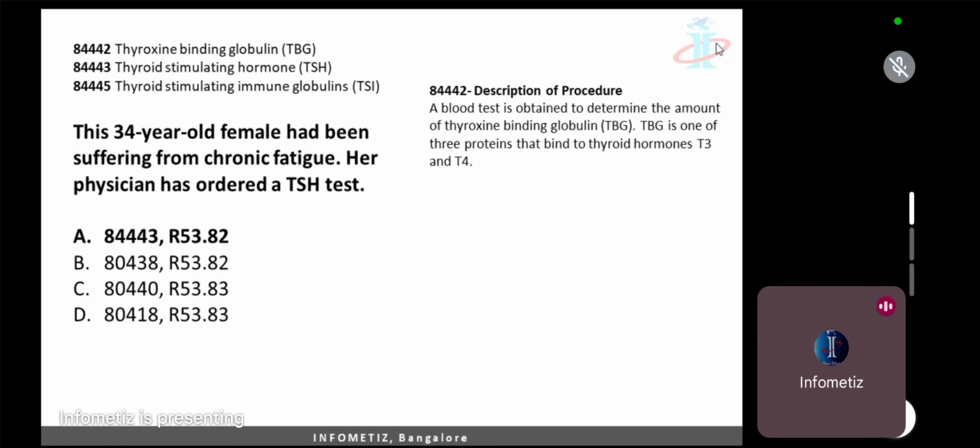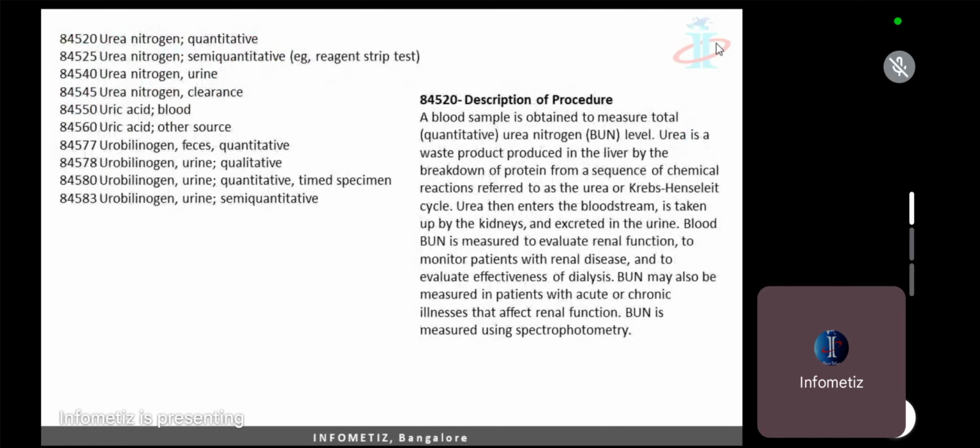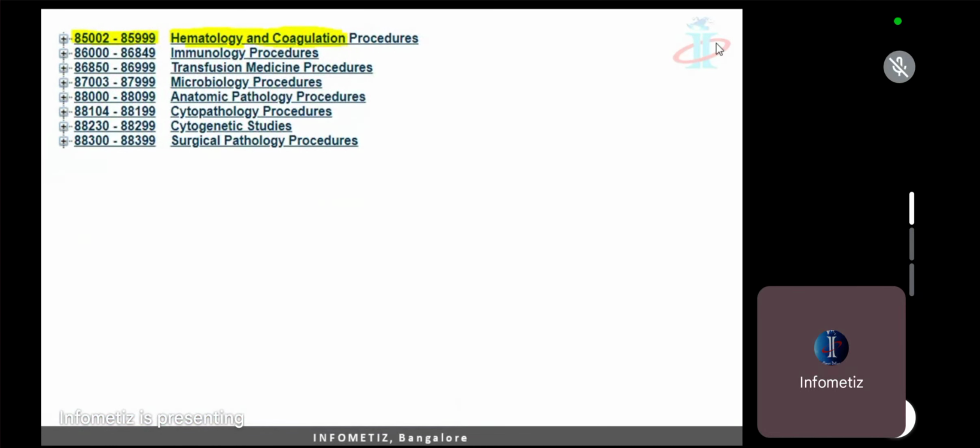Okay, come to 84702, gonadotropin, chorionic, quantitative, and 84703, gonadotropin chorionic HCG hormone, qualitative.